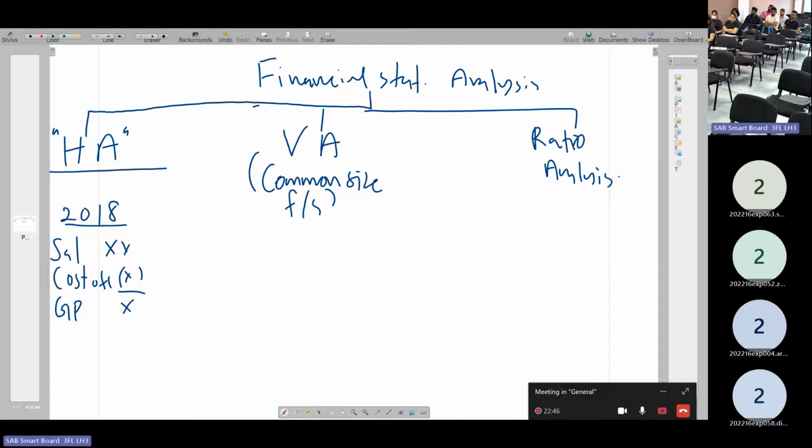All these figures are available in raw format. And we can see 2019 by comparing with 2018. What is the difference in 2019? We can see the difference in 2020, and in 2021. This type of analysis is called horizontal analysis.